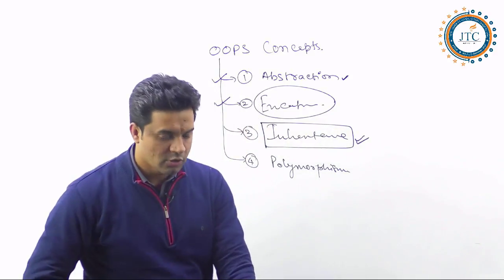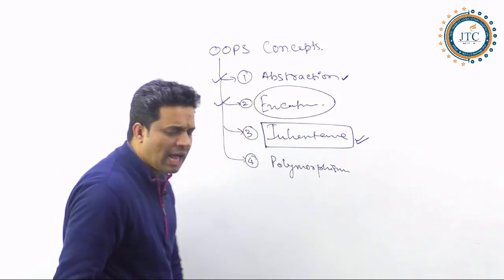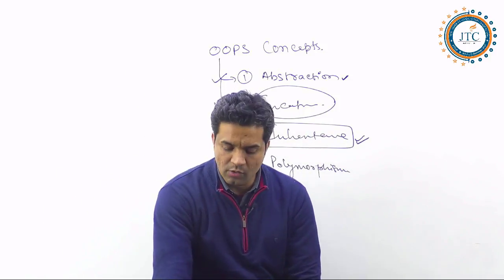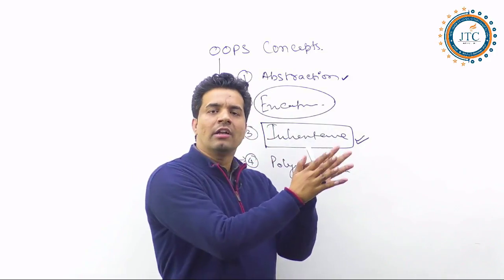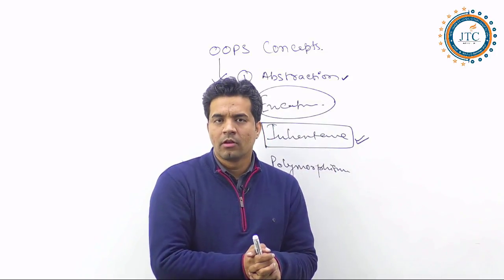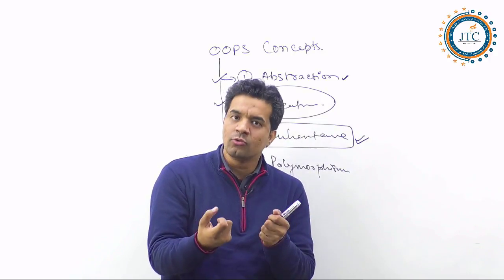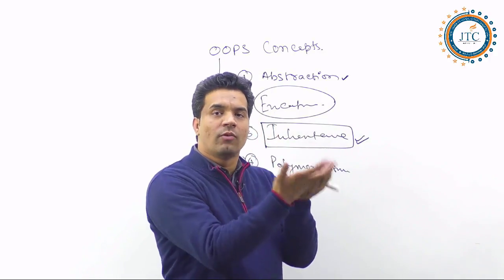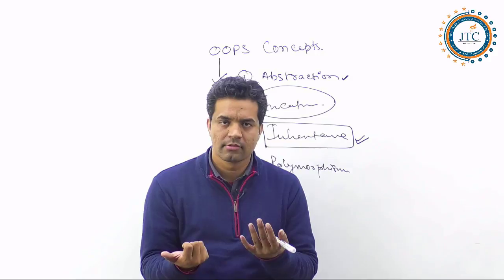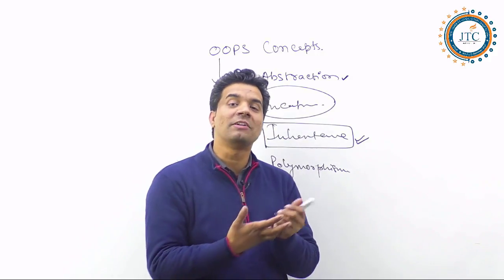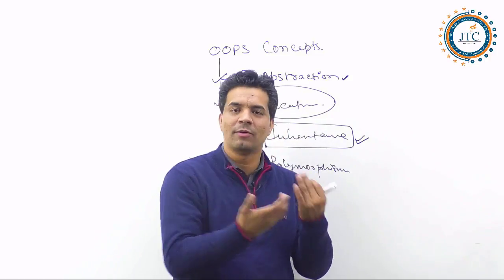Inherit means that something was already available with someone and now you are inheriting it, taking it from them. You are able to use the facilities, the corresponding properties, of whatever you are inheriting from somebody else. Generally we say that our parental property will be inherited by us, without doing anything, whatever parental properties are there will be inherited by us.